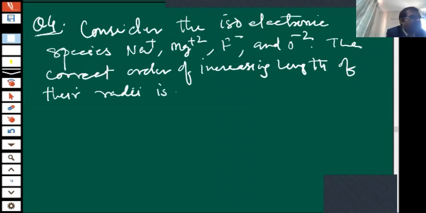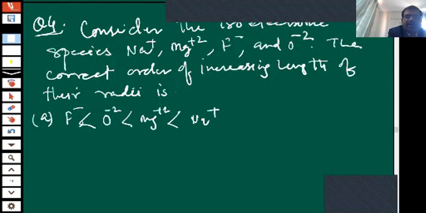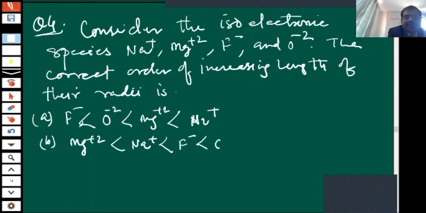See, pay attention to the question. Option A: F- is smaller than O-2, Mg+2 and Na+. Option B: Mg+2, Na+, F-, O-2.